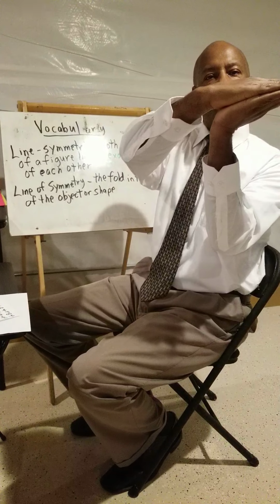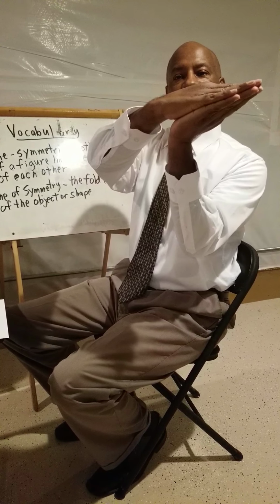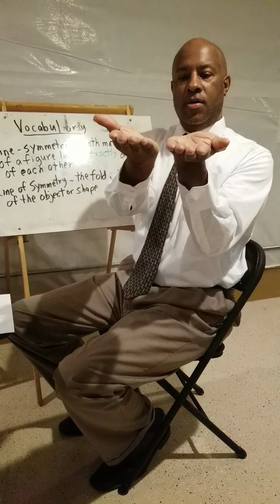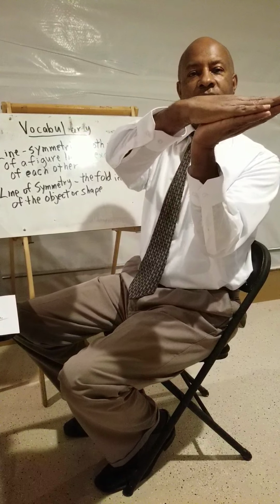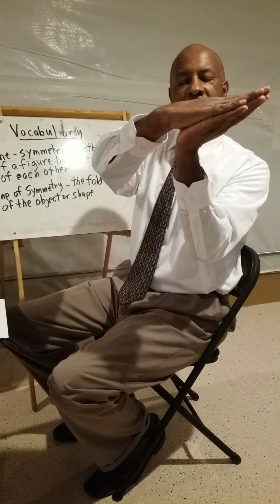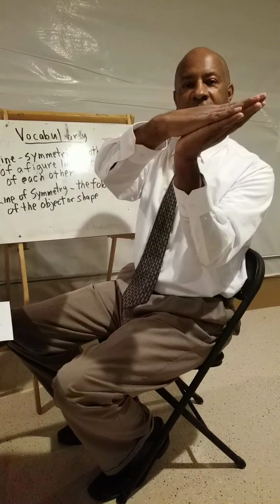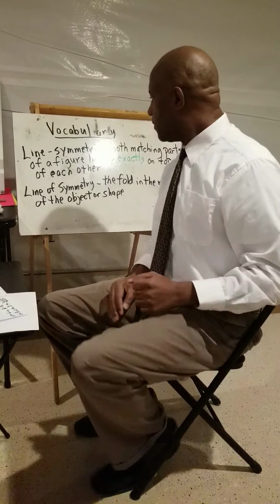It just looks like a straight line. Okay? That's what the line of symmetry does. All right. Two slices, close it. Now it seems like we just have one slice of bread because the other object, whatever it is, is on top of one another with the exact same shape. Okay?